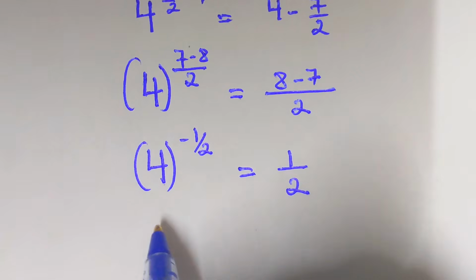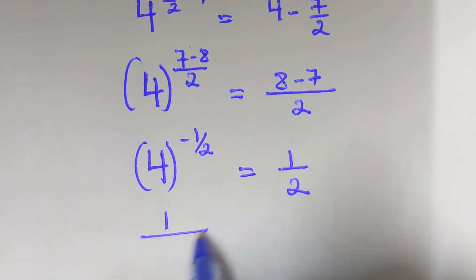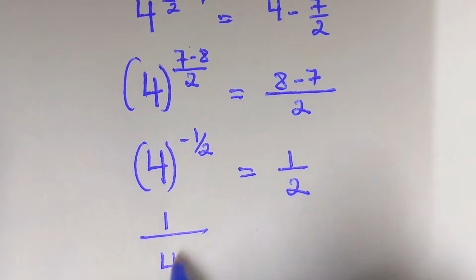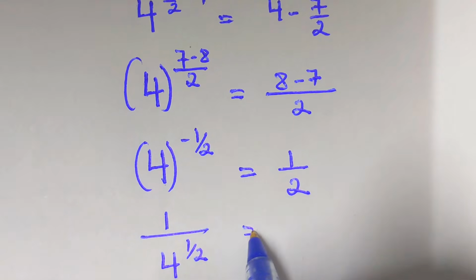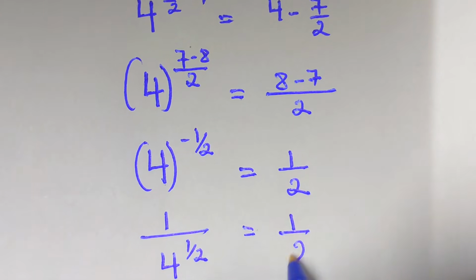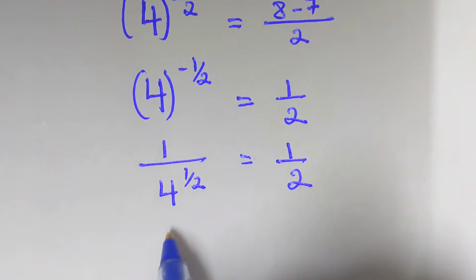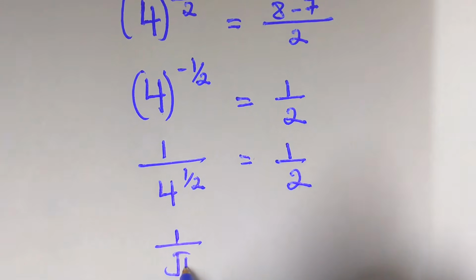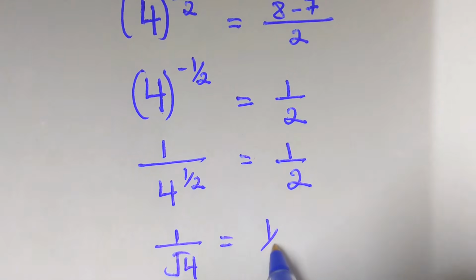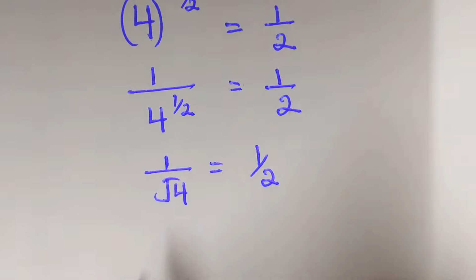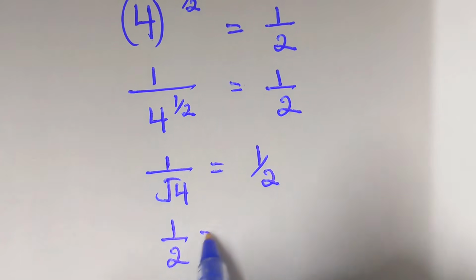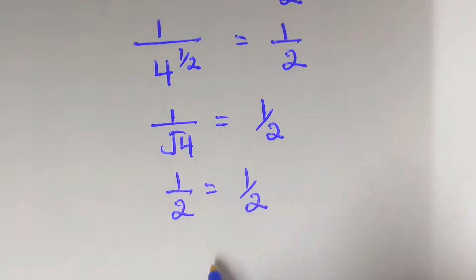So we have 1 over 4 power 1 over 2, which is 1 over square root of 4, equal to 1 over 2, and 1 over 2 equals 1 over 2.